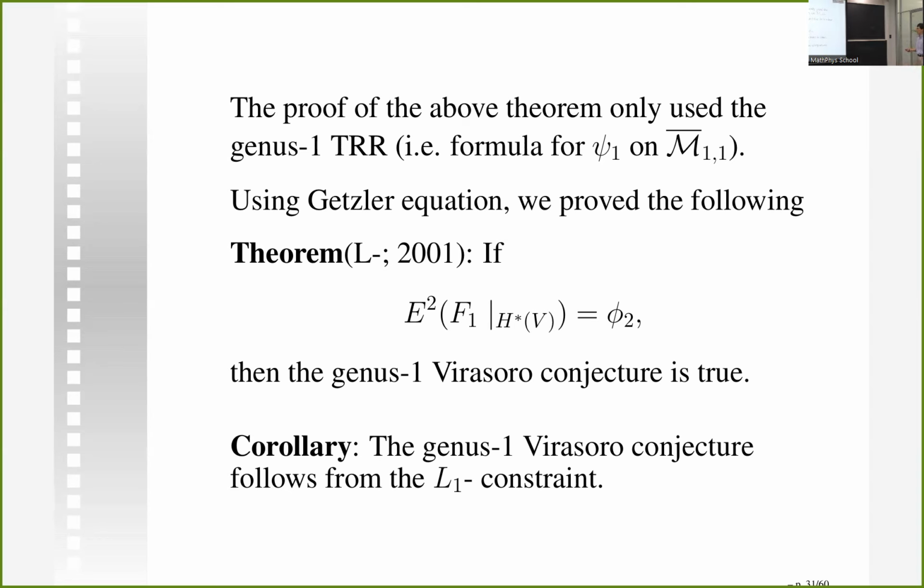If we look at that equation, k equal to 0 and k equal to 1 we already know are correct. We can prove the next one, k equal to 2, and then you prove the Virasoro conjecture. So the genus one Virasoro conjecture can be reduced to this very simple equation: the quantum square of the Euler vector field acting on F1 equals a genus zero function.